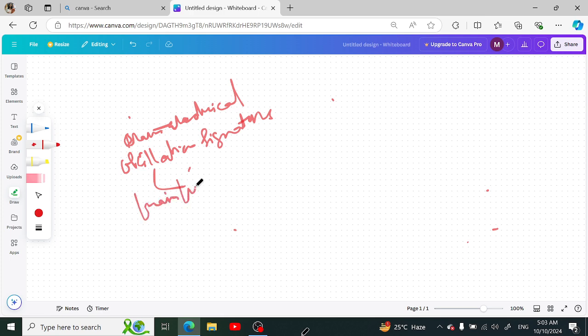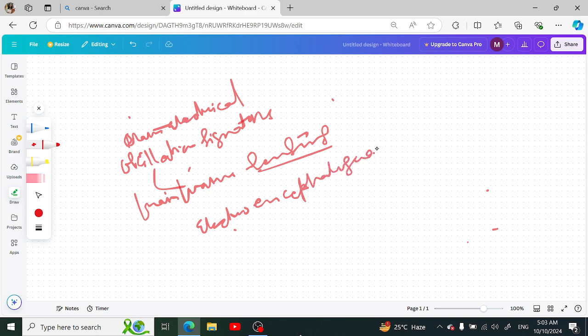The process is known as electroencephalogram. A question and answer session is held with the accused, and physiological indicators are taken into account.